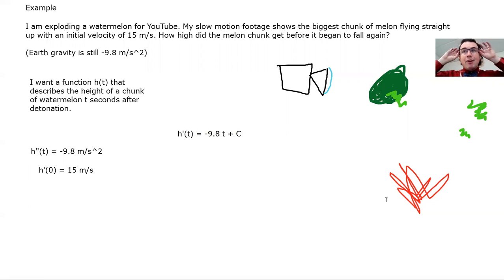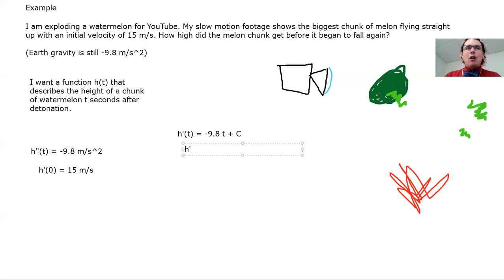The only kind of function that can have negative 9.8 as its derivative is a function that has negative 9.8 times my variable t plus a constant.